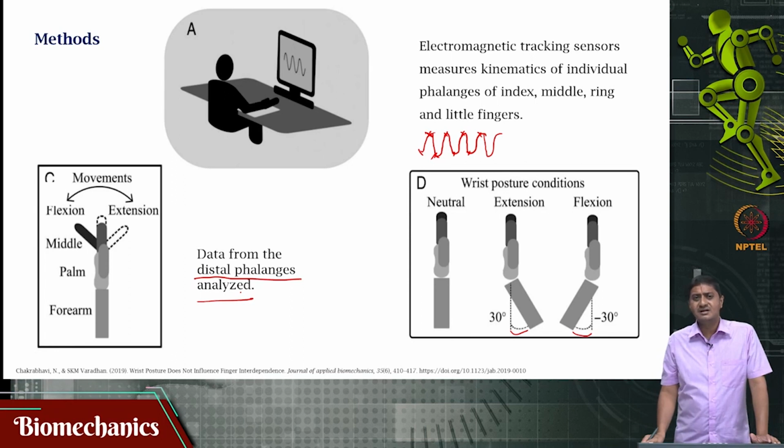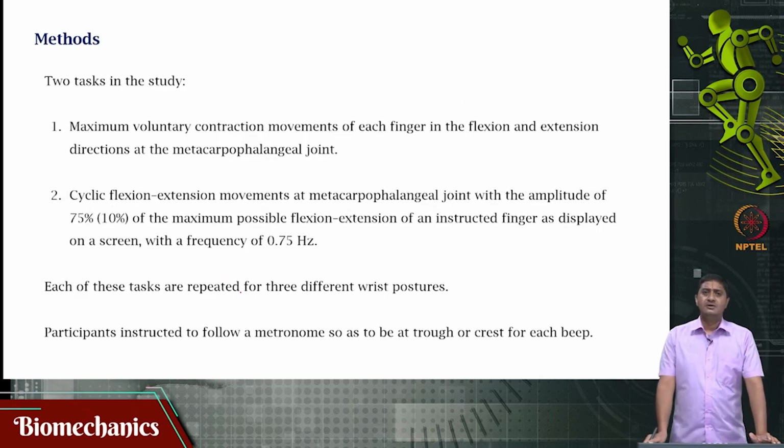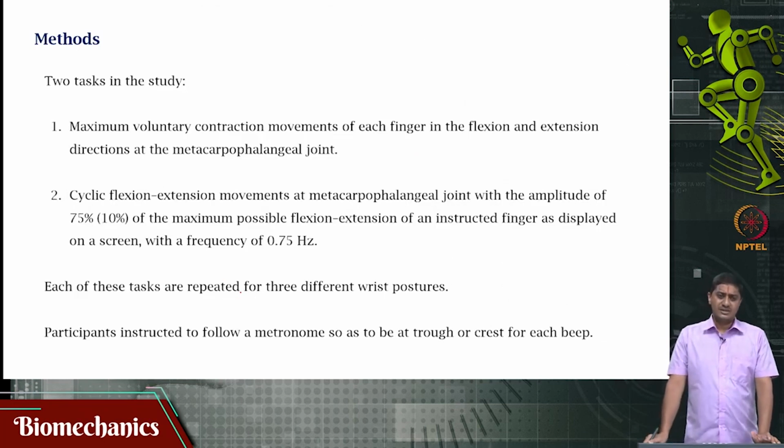For that, just the distal phalange data is enough. Our goal was something else. We were also interested in studying synergies that make up this kind of movements, but that was a different study. But in this study we just restricted our attention to enslavement, and so we only focused on the distal phalange kinematics data.